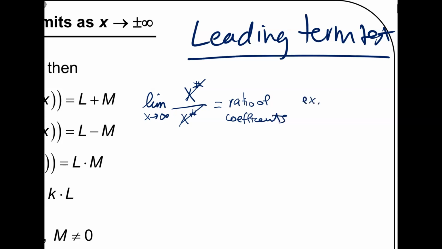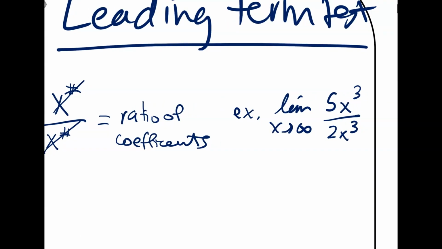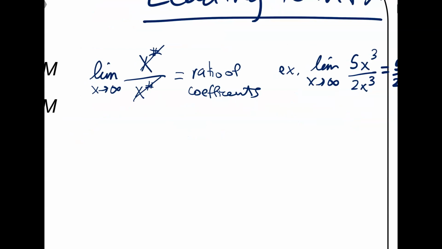My example for this one is the limit as x goes to infinity of 5x to the third over 2x to the third. It's literally just going to be 5 over 2 because the x's have the same power, they'll cancel out. Okay, so that's case 1 if they're the same.